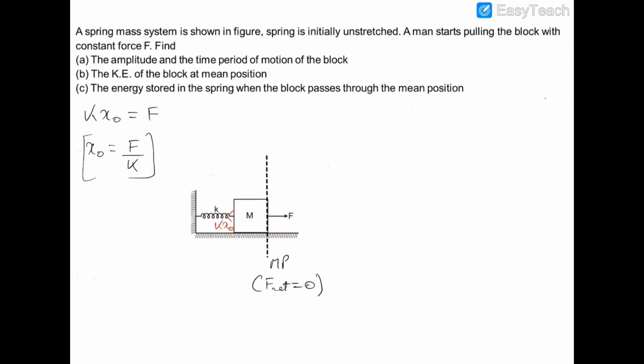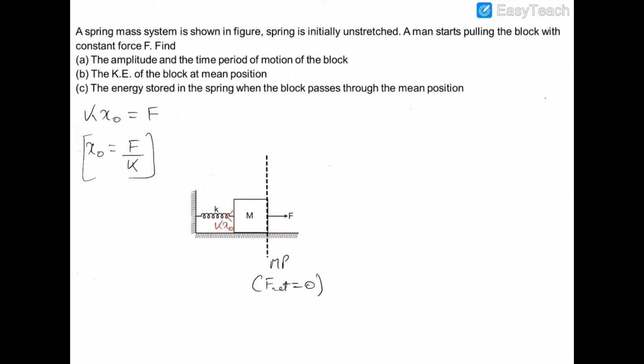Now we have to find out the time period of motion of the block as well as the amplitude. Now let us first of all see that the force F is a uniform force and consider the work done by F in stretching the spring from the relaxed position.